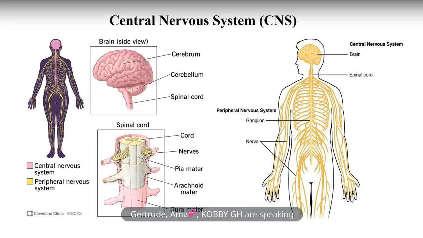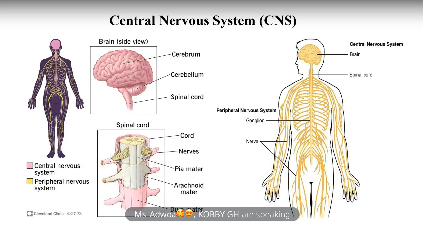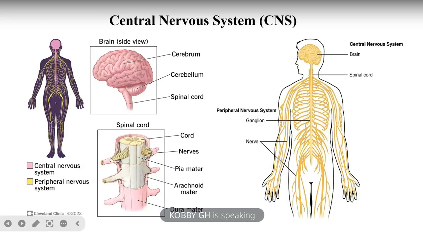In Greek, pia simply means something that is soft. So when I tell you that you are pia, it means you are soft. In Greek, dura means something that is strong. So you can use it as a term in your day; you can say I am dura, it means you are strong. Now, the dura is the membrane that is attached to the skull bone.